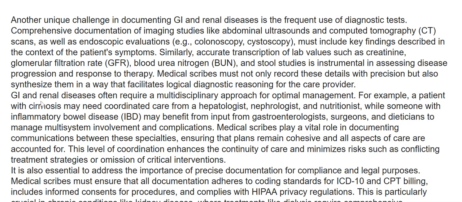GI, gastrointestinal, and renal kidney diseases often require a multidisciplinary approach for optimal management. For example, a patient with cirrhosis may need coordinated care from a hepatologist, nephrologist, and nutritionist, while someone with inflammatory bowel disease (IBD) may benefit from input from gastroenterologists, surgeons, and dietitians to manage multi-system involvement and complications.